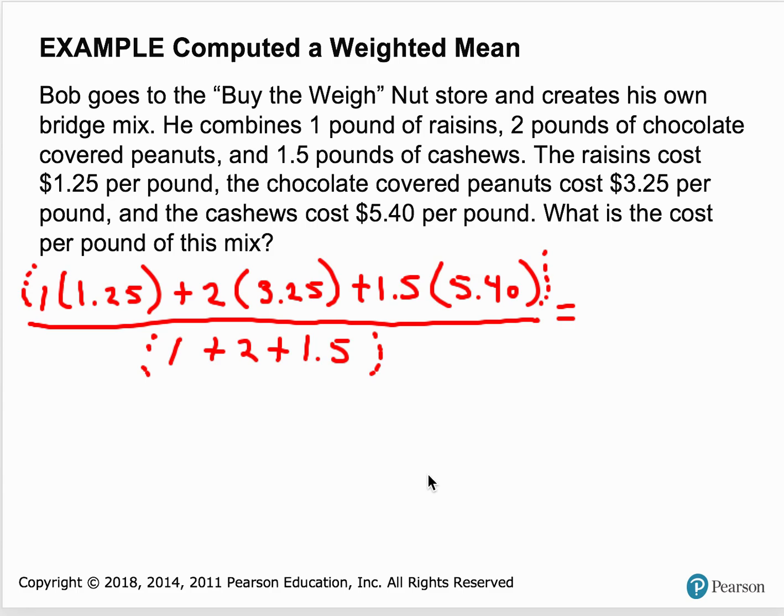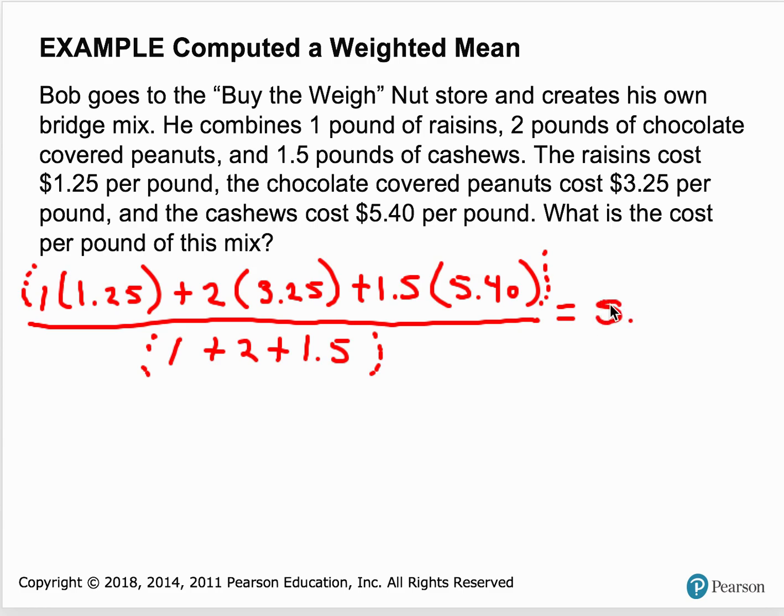So we have 1.25 plus 2 times 3.25 plus 1.5 times 5.4, and divided by 4.5. All right. Now here's what I got.